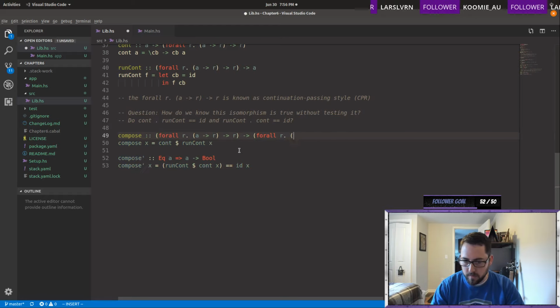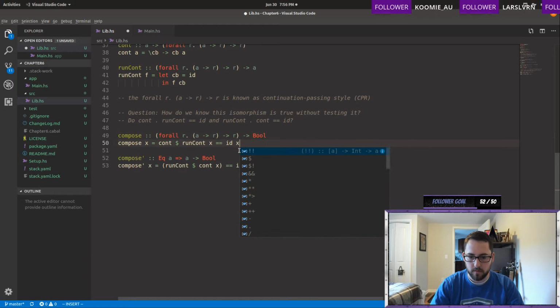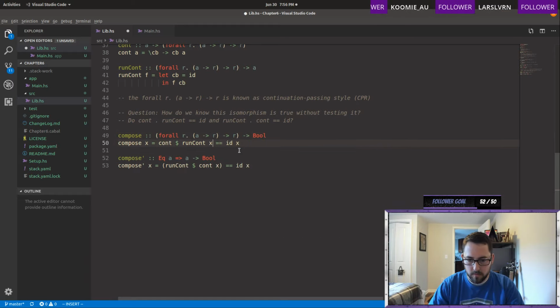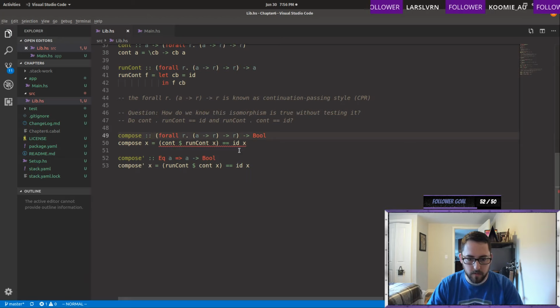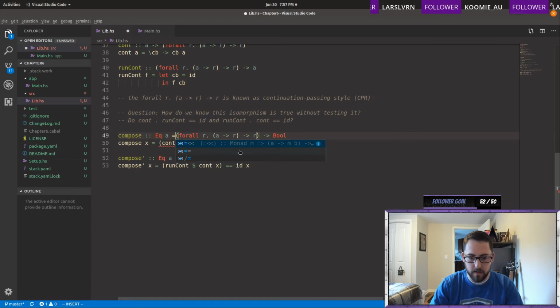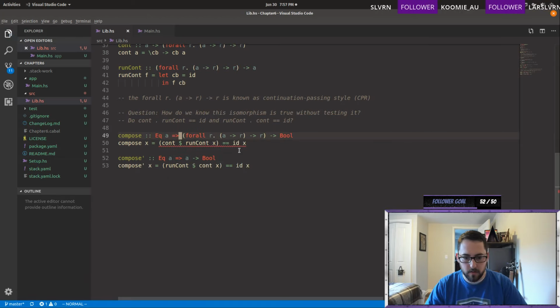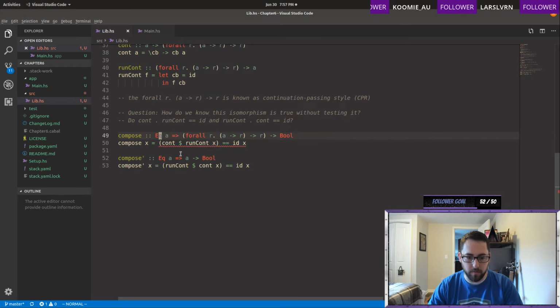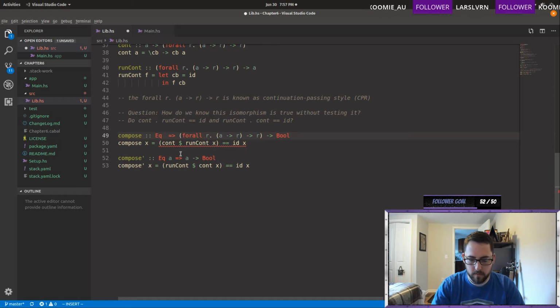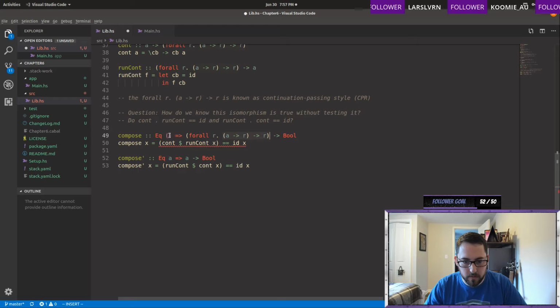In theory. Cool. And we probably need eq a. Well, we need eq that whole thing. Guess it's this whole thing.